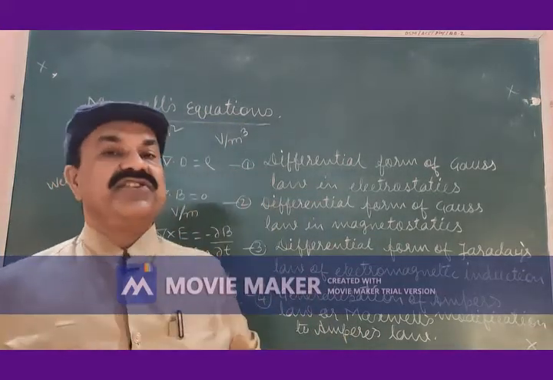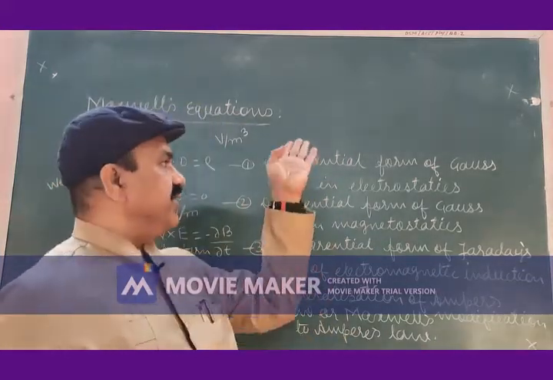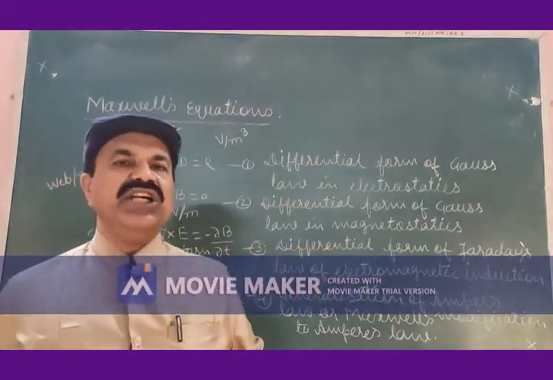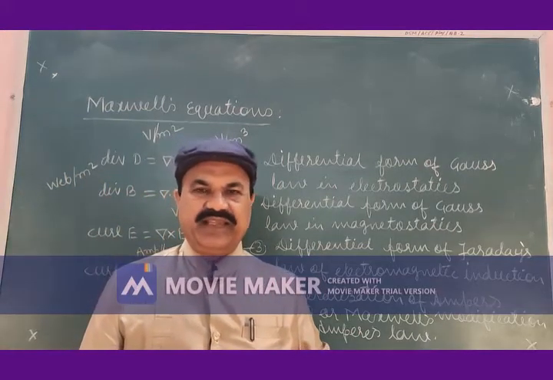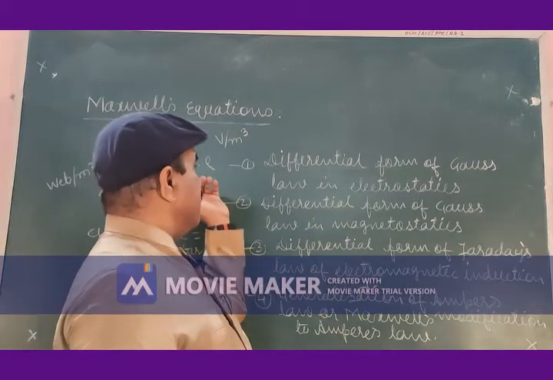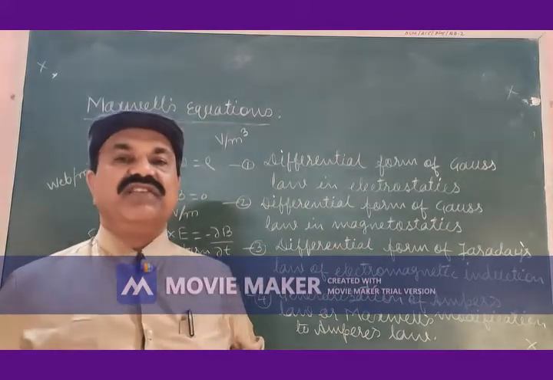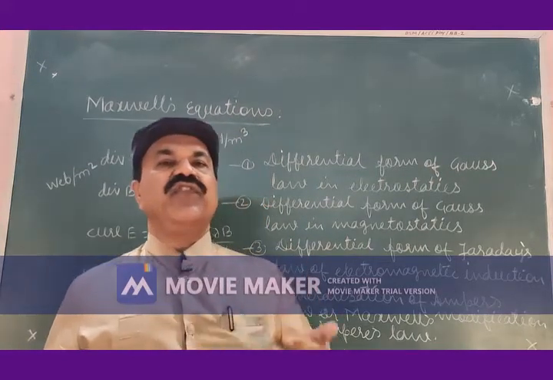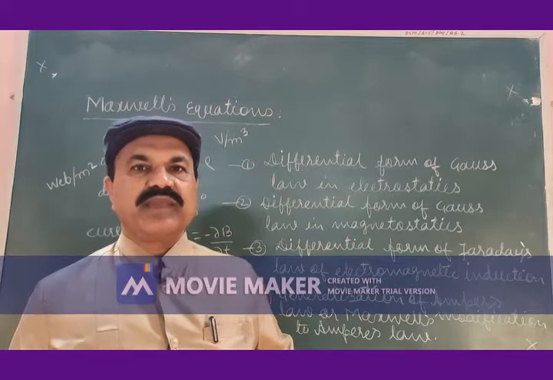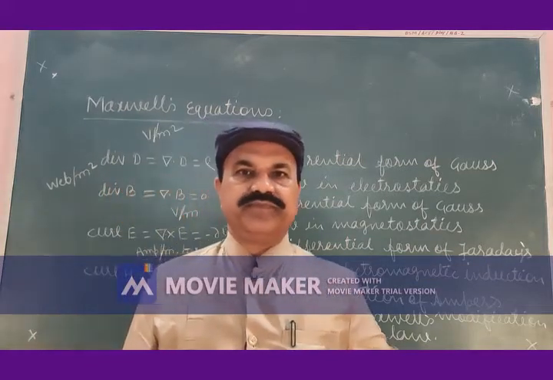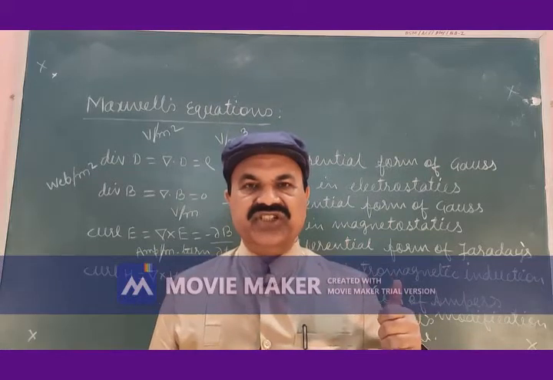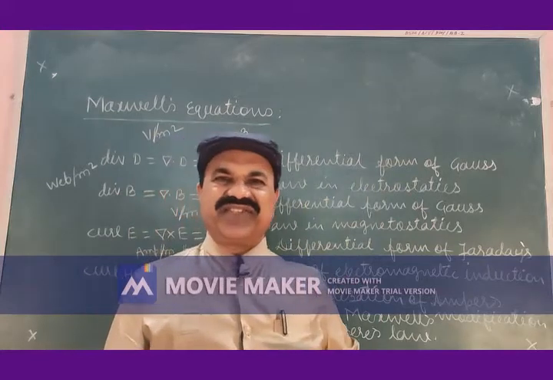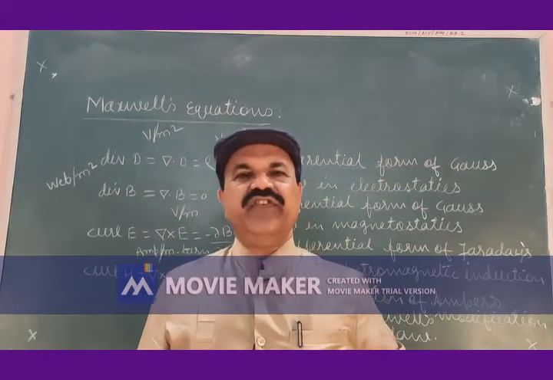If we go to first equation, as I told, this is differential form of Gauss law in electrostatics. This Gauss law, divergence of D or del dot D is equal to rho, is in turn derived from Ohm's law. What is meaning of electrostatics?